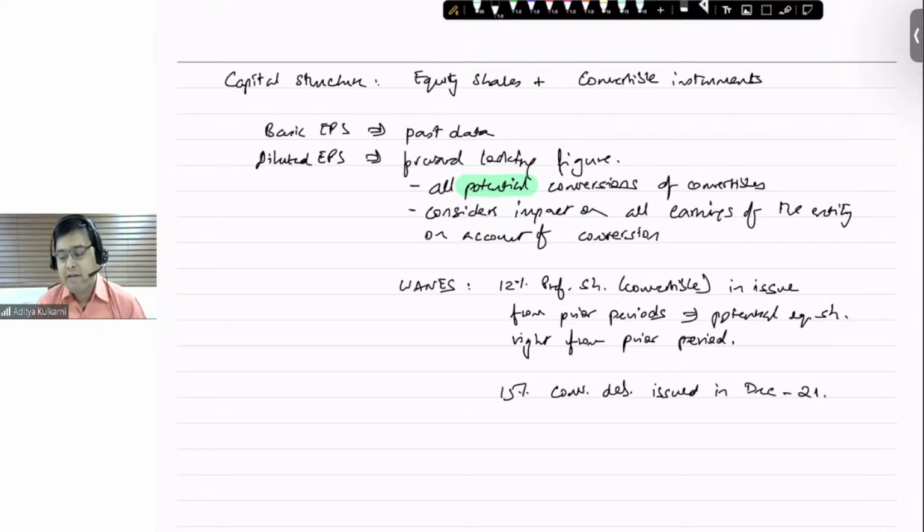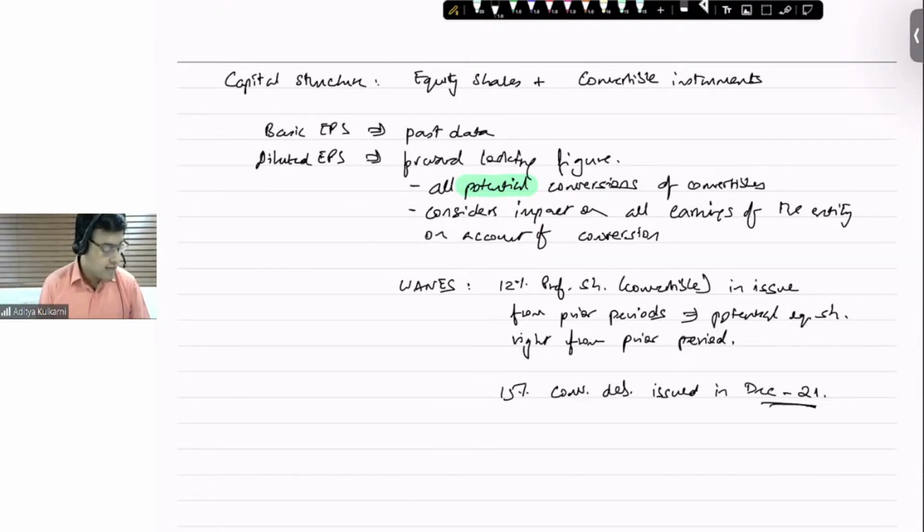So for the year FY 21-22, the potential shares are going to be only for the period starting from December and ending in March. You cannot say that these instruments are there for the entire period. Jab original instrument took birth, at that point of time only the convertible option also took birth, and therefore they will move hand in hand.